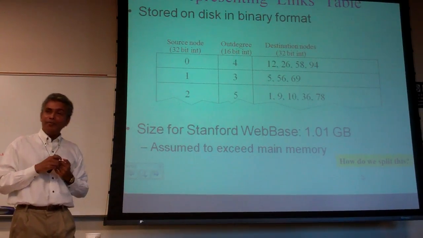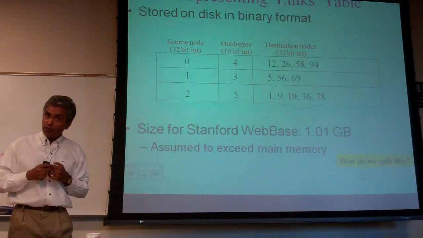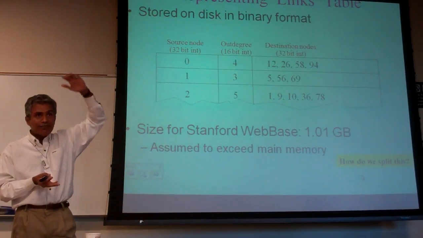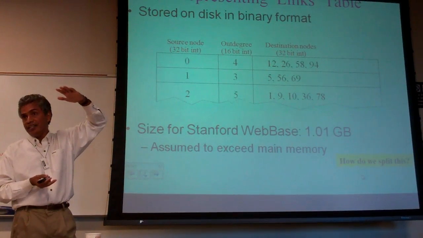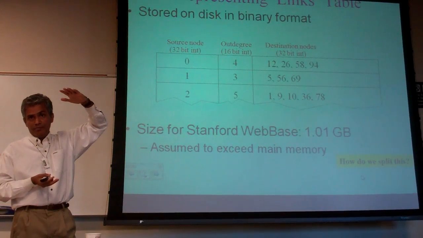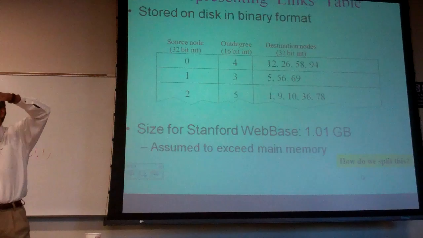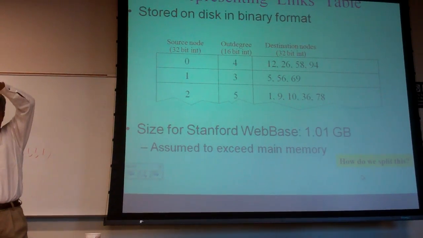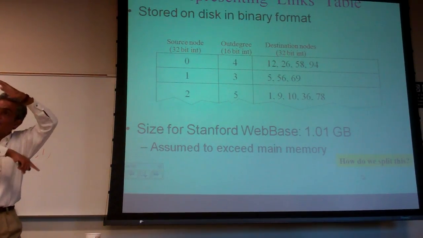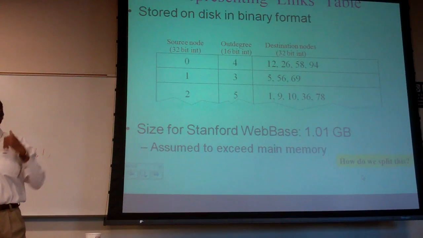But even if you don't have MapReduce architecture, it's still worthwhile splitting the file, because if the entire file doesn't fit in memory or disk, then you need to split it in such a way that parts of it fit in the main memory at a time, so that you don't keep going back and forth between main memory and disk.